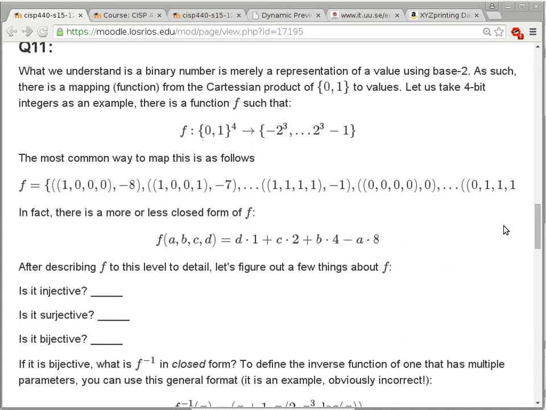F-I-V-E is a word. And the reason why we have that word is so that we can talk to other people. How much do I owe you? $5. Okay? So that's why we have 5. But you know what? This is also known as 101 in base 2. It is also known as 12 in base 3.